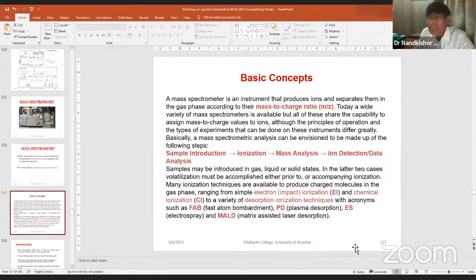Now, what is the basic principle of this? The sample is introduced into the mass spectrometer and goes into the gaseous state.